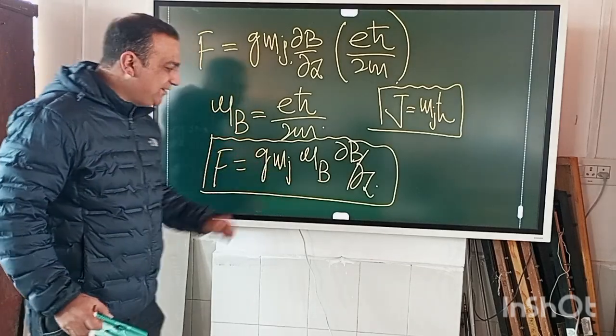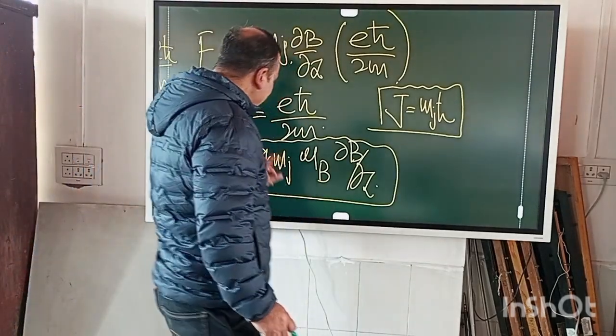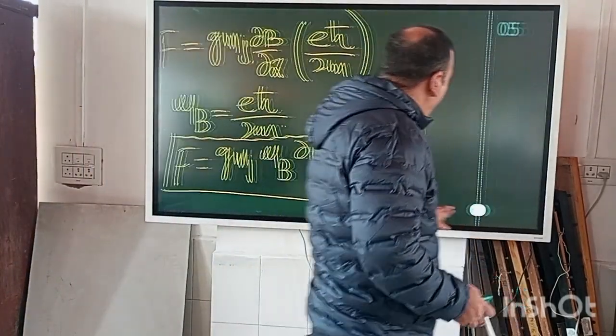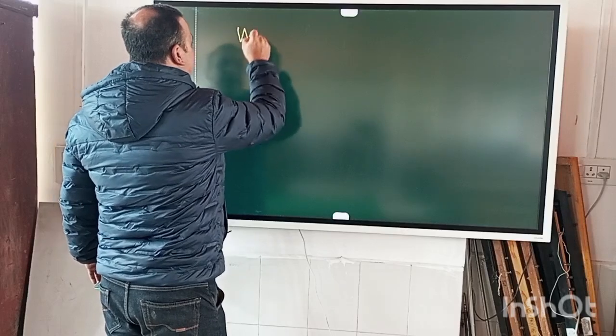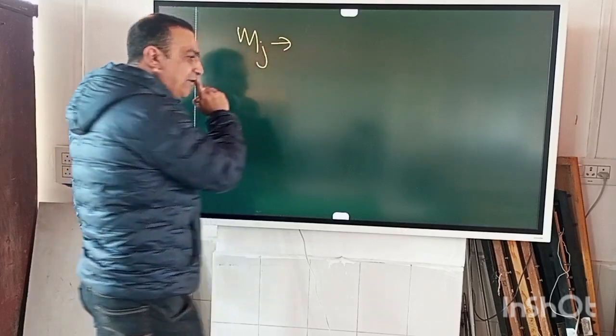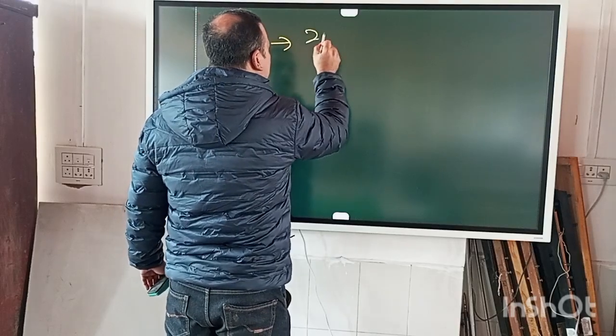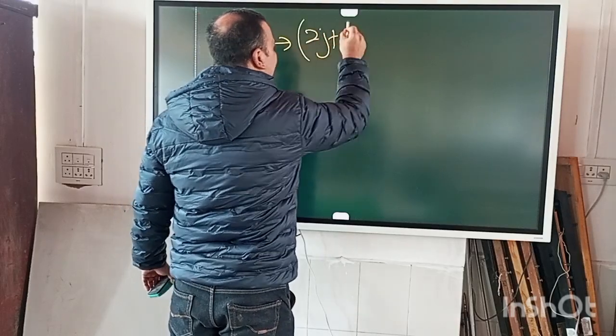We can predict, from the mj point of view. Now, if I have mj, we know from basic spectroscopy that this mj will have 2j plus 1 values.